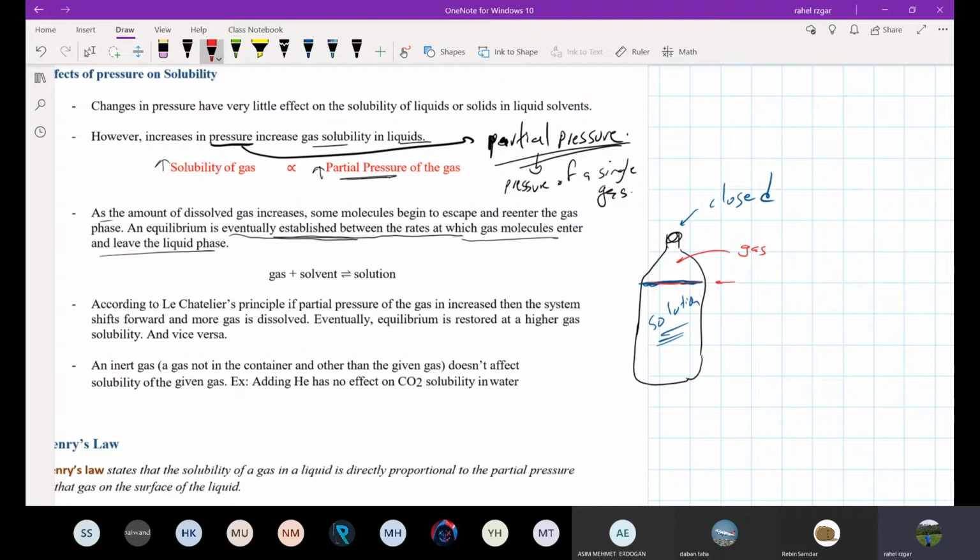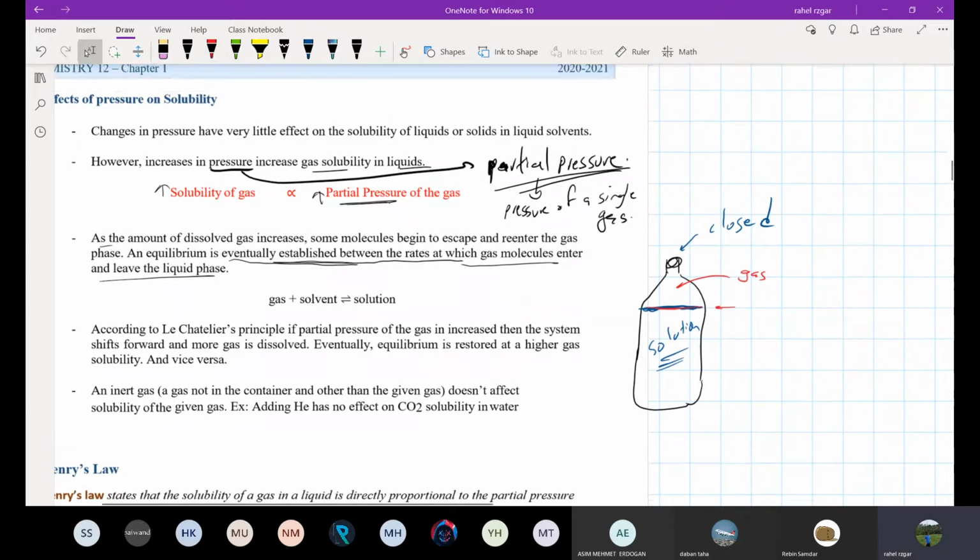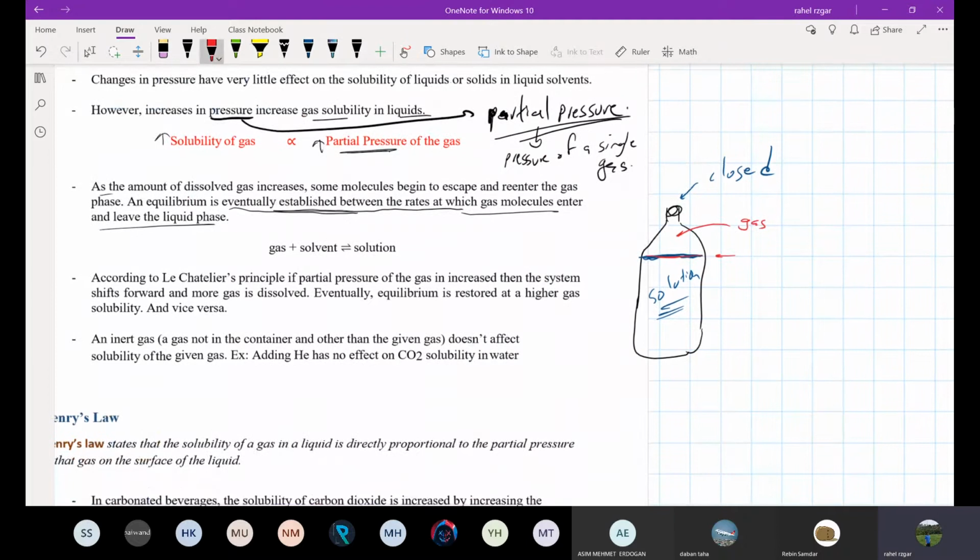So after a while, when we put a lot of pressure into these cans, these bottles, and we close the lid and leave them, they eventually reach equilibrium. What is that equilibrium? The gas trapped in this space will apply a pressure on the surface of the liquid, forming the equilibrium like this.